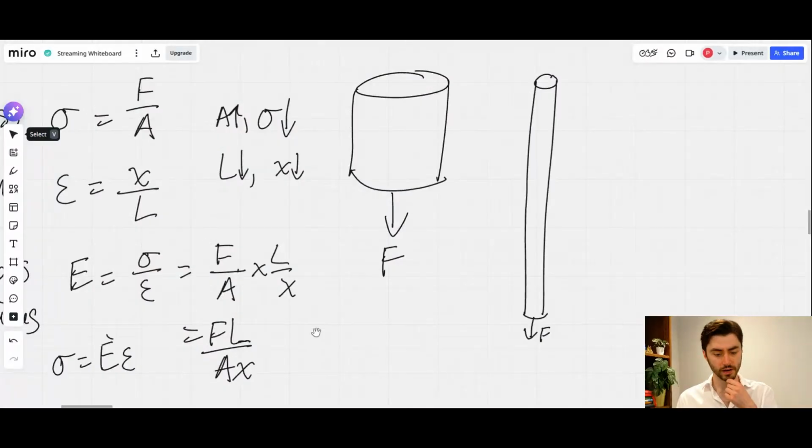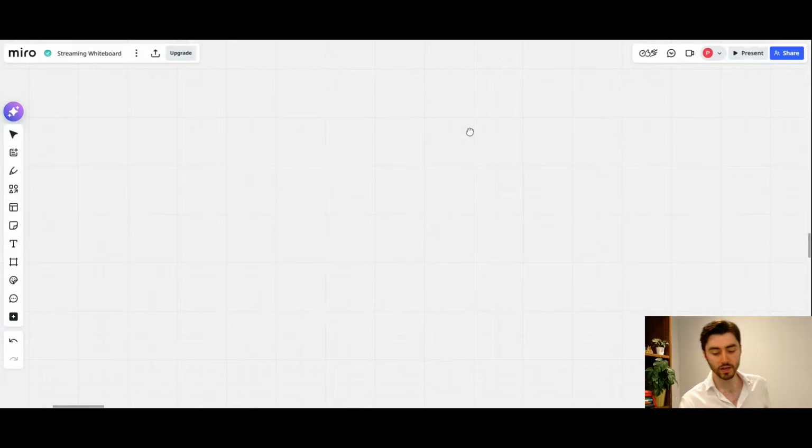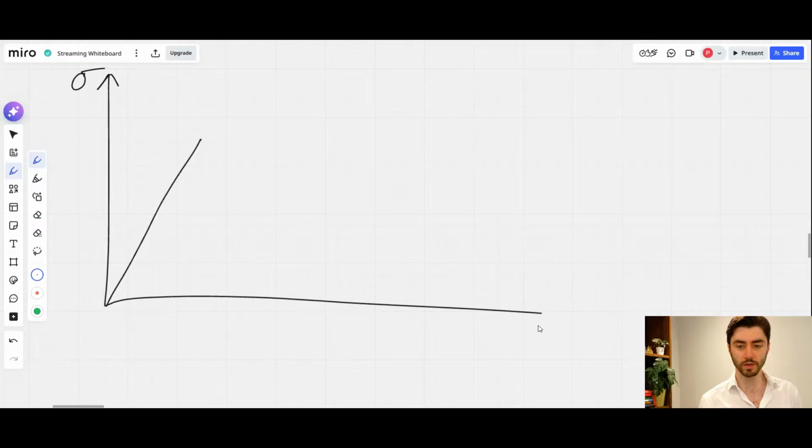Cool. So here, let's talk about what these stress-strain things do for different materials. Stress-strain curves, first of all, we know it obeys Hooke's law. So instead, I'll call this stress-strain. We know it obeys Hooke's law up to the elastic limit.